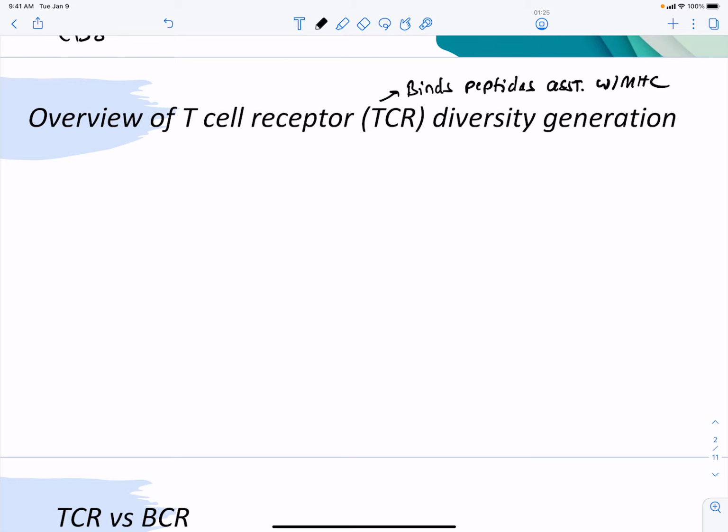Like our B cell receptor, our T cell receptor diversity begins in the germline. And this is where you get the genes from your maternal and paternal lines passed on to you. In the germline, you have both alpha and beta T cell receptor gene segments.